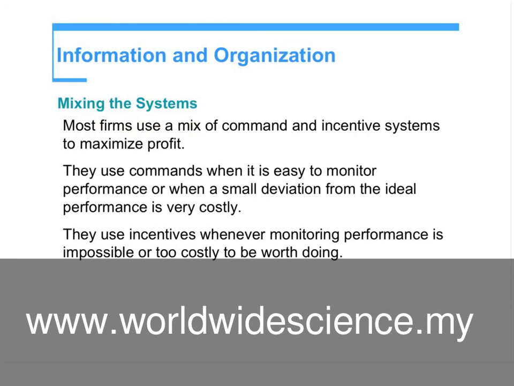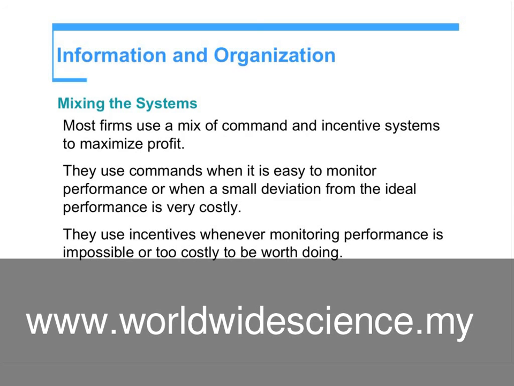And they use incentives whenever monitoring performance is impossible or too costly to be worth doing. So there are times that companies can monitor the performance of their employees, and a small deviation from that will cost a lot of money to the company, so they decide to do the command system. But there are times that it's impossible to monitor, so they just stick to the incentive system.